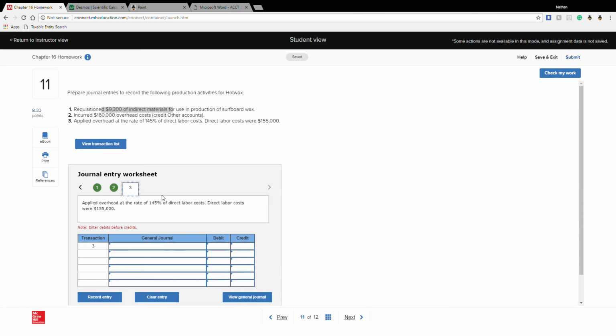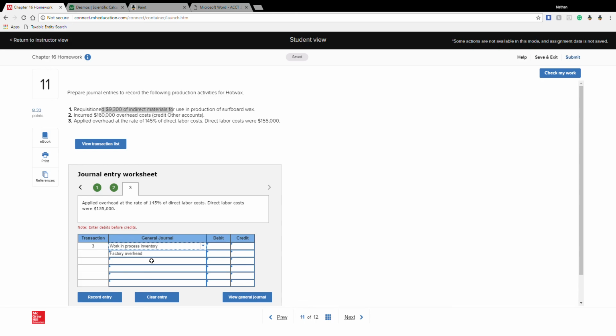So question 3 says applied overhead. Okay, when we're dealing with applied overhead, that is always making factory overhead a credit. Okay, and we're dealing with work in process. Basically, we're putting in work in process overhead. And this is about 145%.